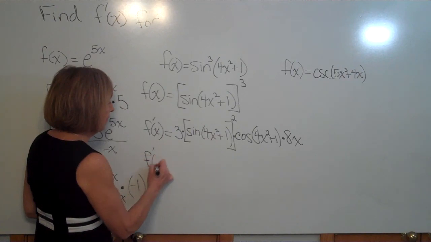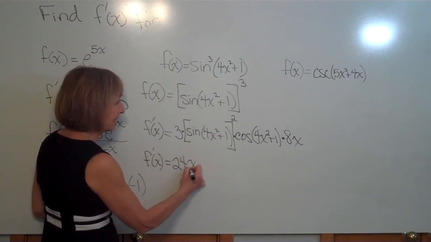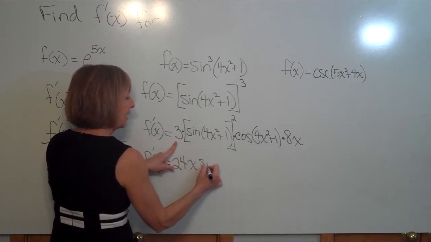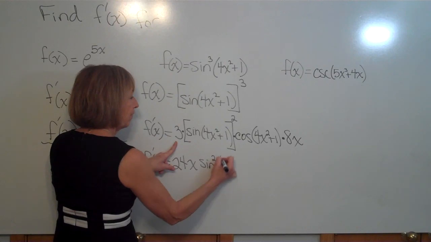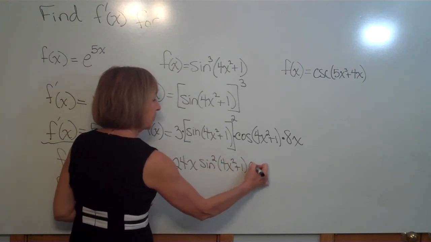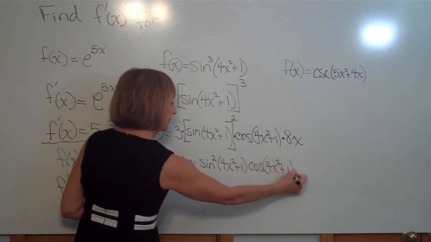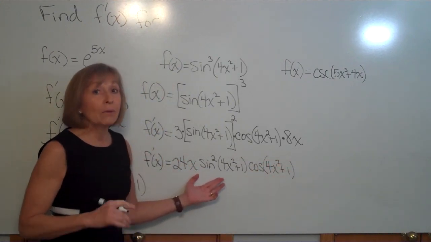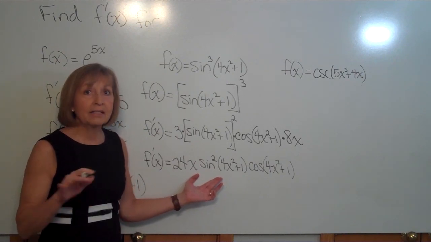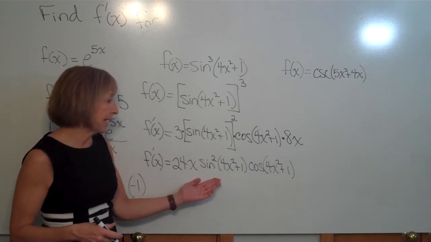So my f prime of x is equal to 24x, multiplying those guys, and then times sine squared of 4x squared plus 1 times the cosine of 4x squared plus 1. That, I will admit, is probably the trickiest one of the video, just because of the several different layers that we have that we apply the chain rule.